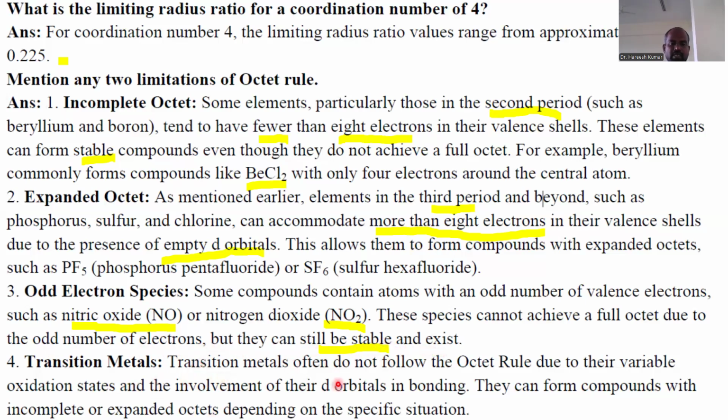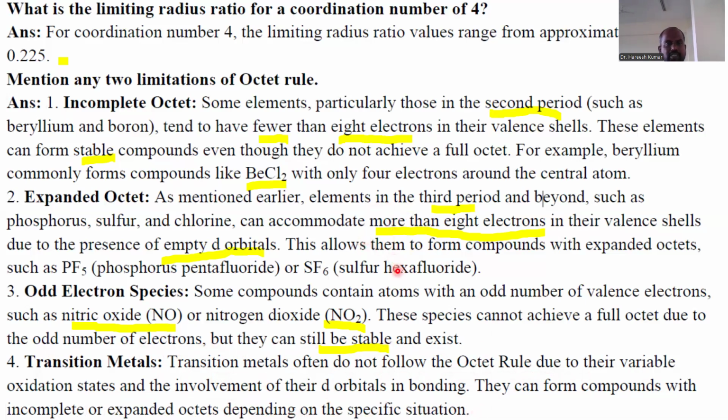Transition metals. Transition metals often do not follow the octet rule due to their variable oxidation states and involvement of their d orbitals in bonding. They can form compounds with incomplete or expanded octets depending on the specific situation.